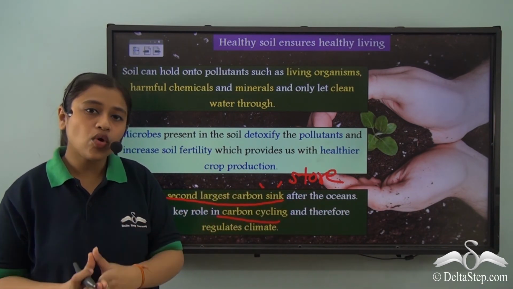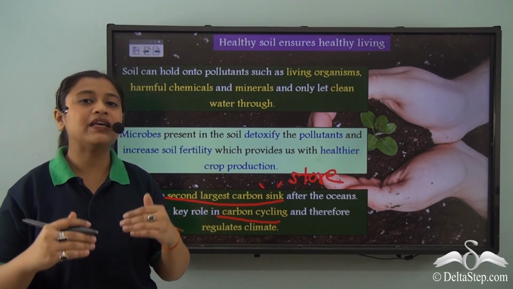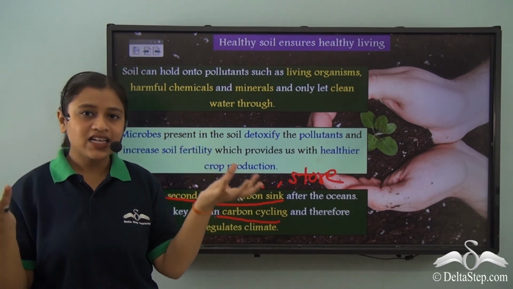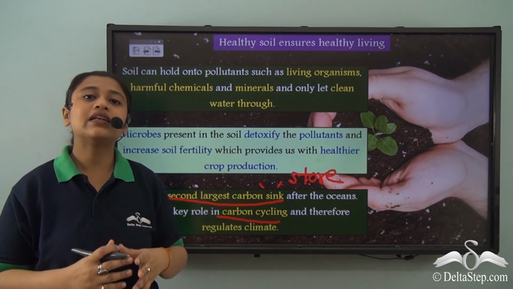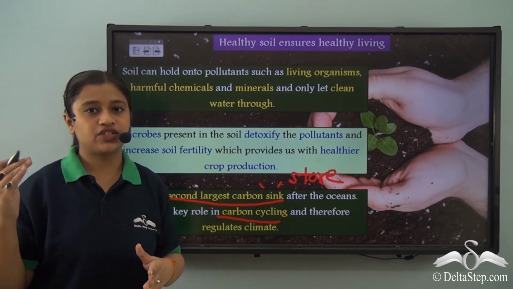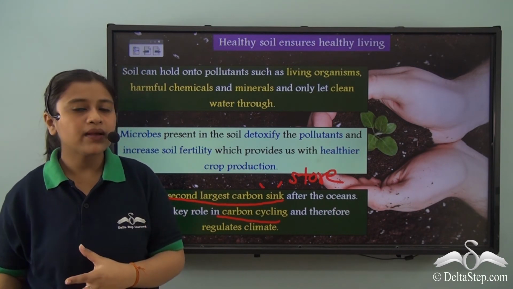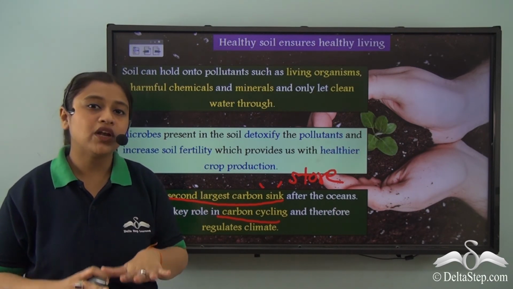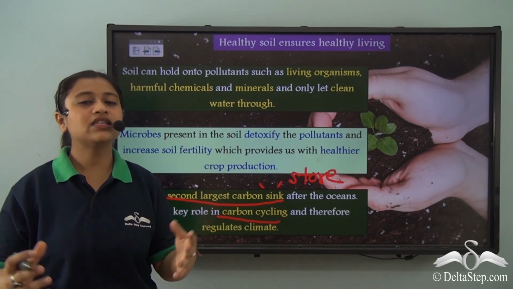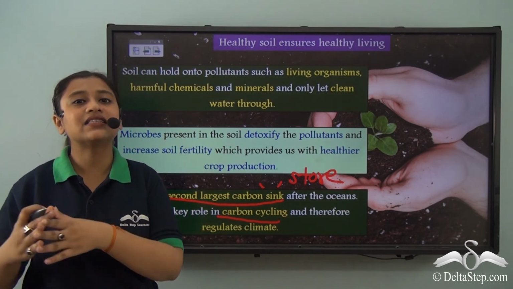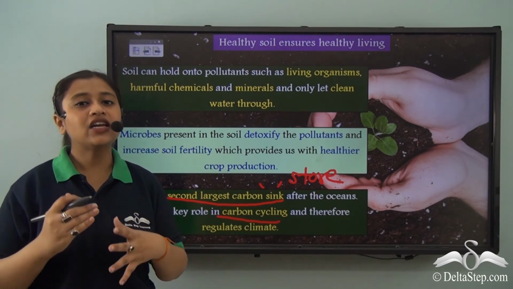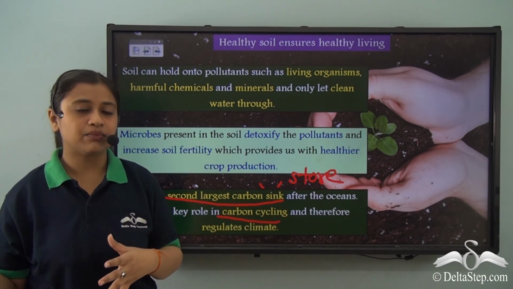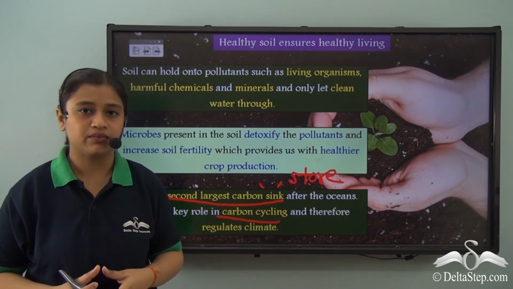Now, once they are stored in the different layers, they are not being let out. This extra carbon dioxide, if it were out in the atmosphere again, would lead to an increase in the temperature of the earth, leading to global warming. So now that they are stored below the surface and not let out, it helps in regulating the climate. It helps in keeping the temperature in balance and not leading to an increase in temperature that would harm the environment.